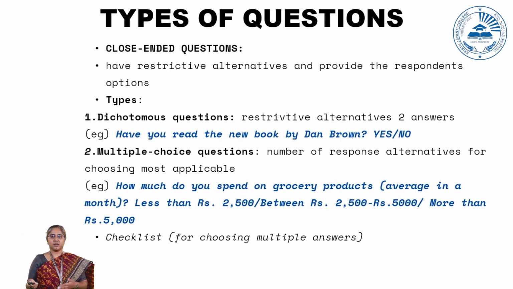So here the respondent can choose whichever is applicable to them. It can be one response, or you can extend it and give them an option for choosing multiple responses by using the checklist option. So this is the second form of close-ended question, which is multiple choice question.